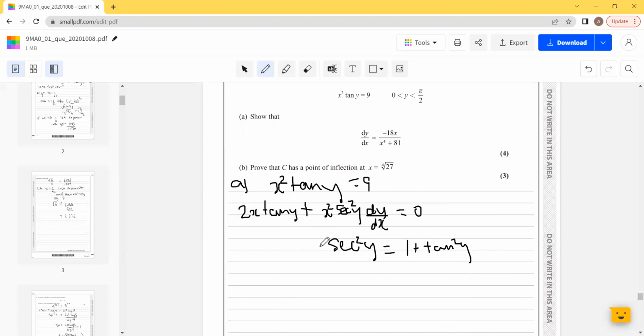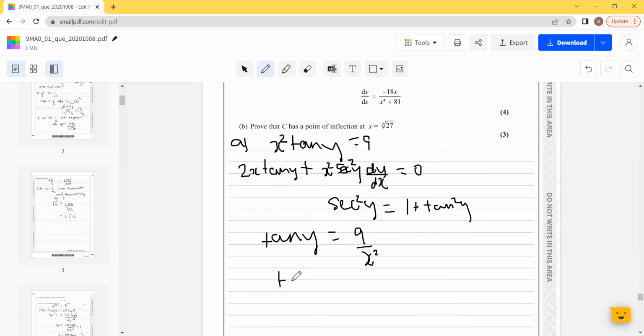I have 2x tan y plus x squared sec squared y dy by dx is equal to 0. If I wanted to find dy by dx on its own, I have to do some extra steps. I can say that tan y is equal to 9 over x squared, and tan squared y is therefore 81 over x to the 4th power.